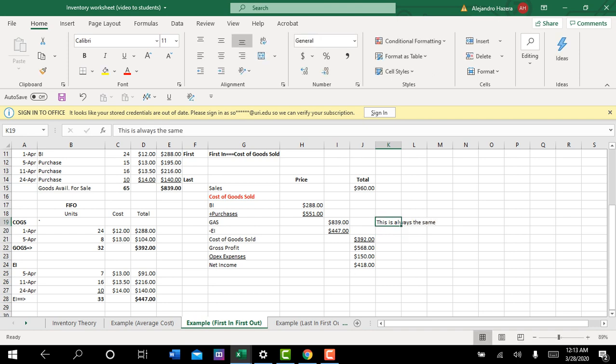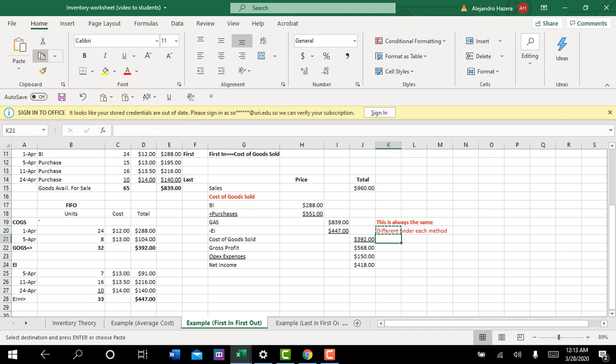So that one's different under each method. And I can just go ahead and copy this down, because cost of goods sold, these three things are different under each method, and net income is different under each method.